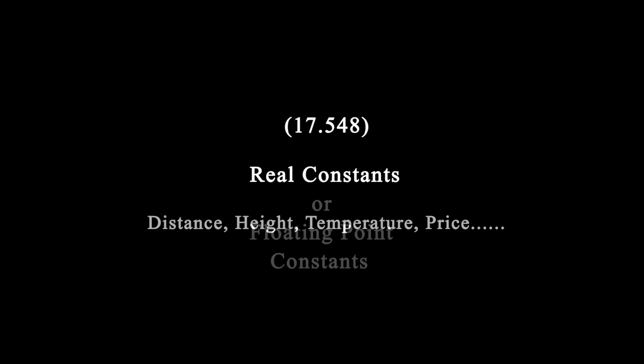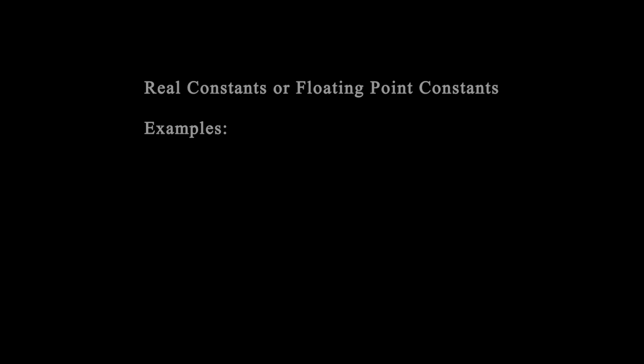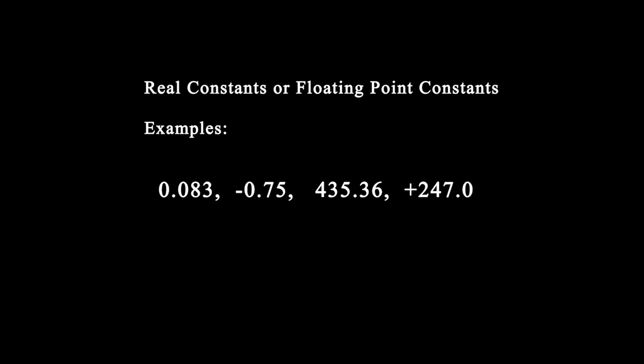Such numbers are called real or floating point constants. Let's see examples of those, like 0.0083 or -0.75 or 435.36 or +247.0. So these are all real constants.